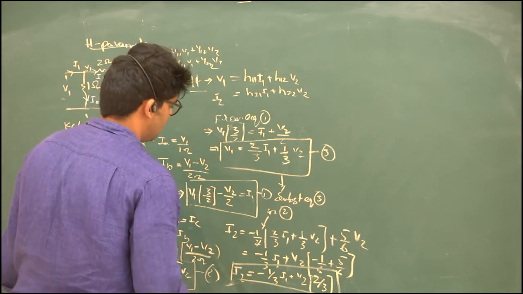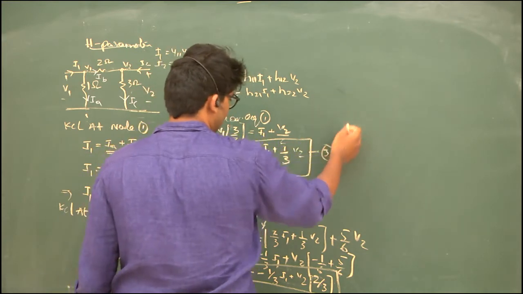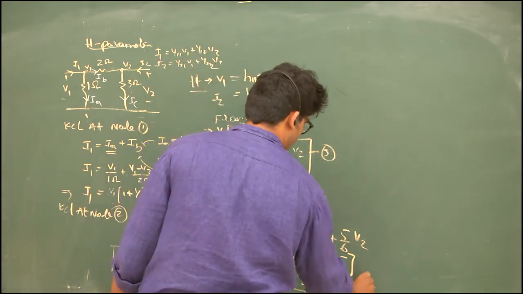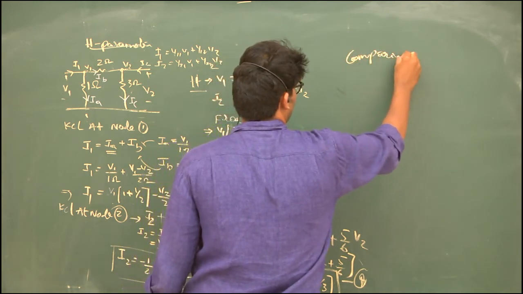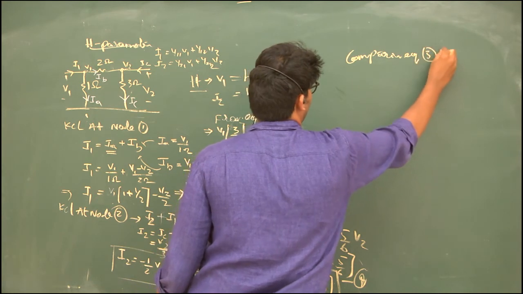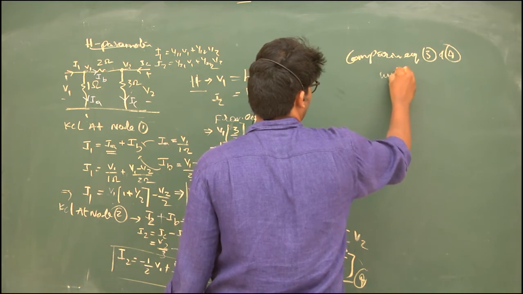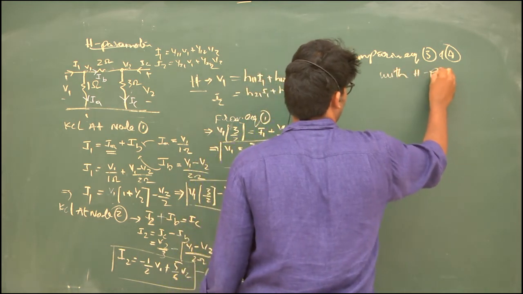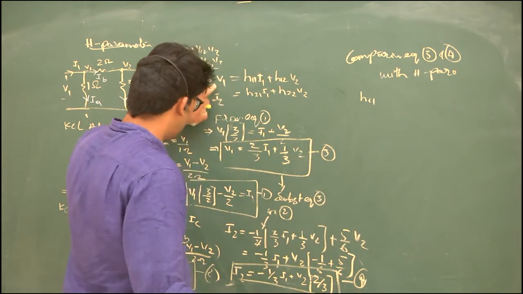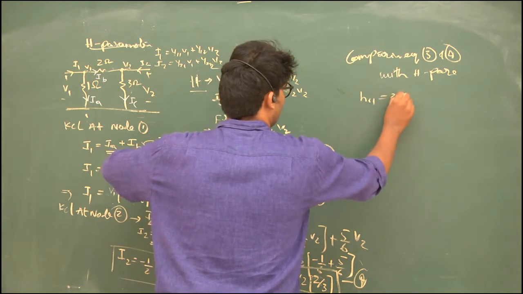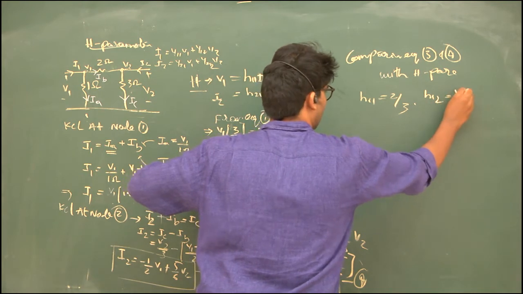Okay, so comparing equations 3 and 4 with the H parameters equation, you will get H11 equal to 2 by 3 and H12 equal to 1 by 3.